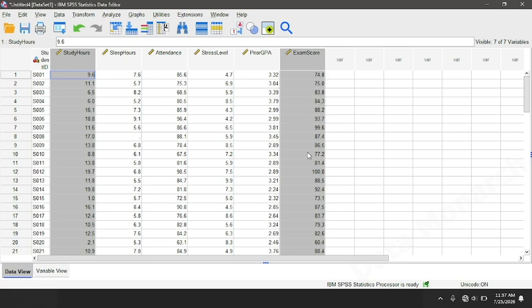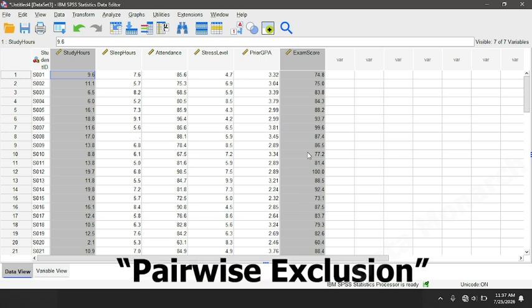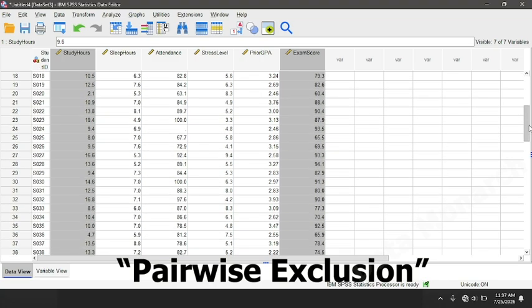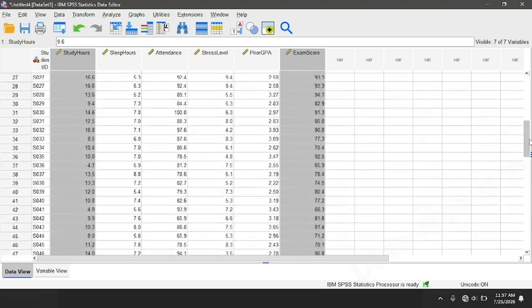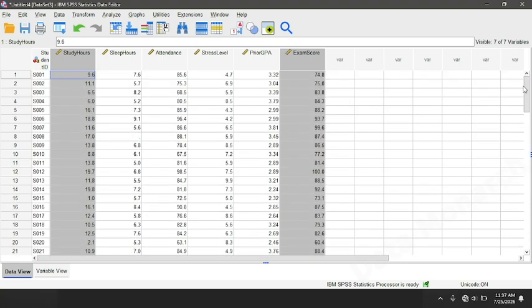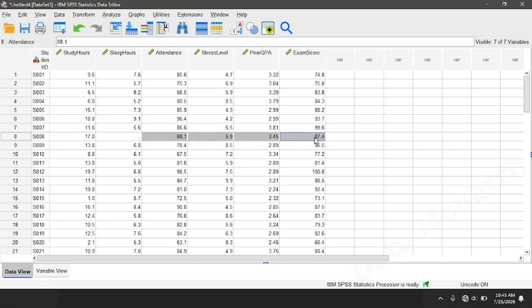But note, if the column you are using has missing values, it is going to affect the results, and here is why. By default, the SPSS Bivariate Correlate procedure uses pairwise exclusion, meaning it only drops a case from a specific correlation if that pair has missing data, not from the whole data set. Let's say you are analyzing all of the data and some of the columns have missing data while some do not.